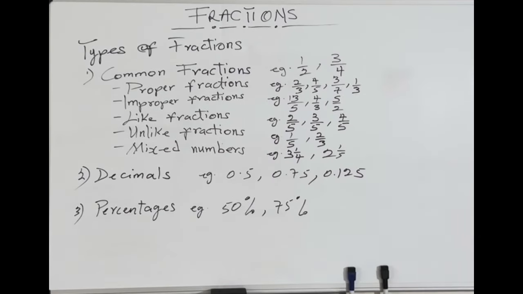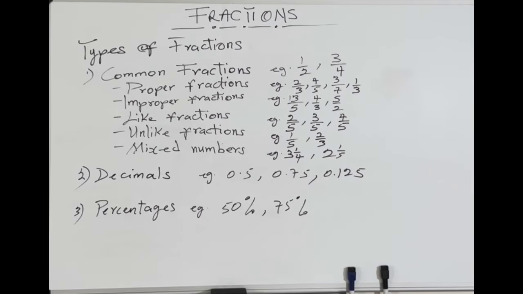The numerator tells you the number of these equal parts you are dealing with. So for example, 3 over 5 means 3 out of 5 equal parts. 4 over 7 means 4 out of 7 equal parts. 2 over 9 also means 2 out of 9 equal parts. And then it goes on.